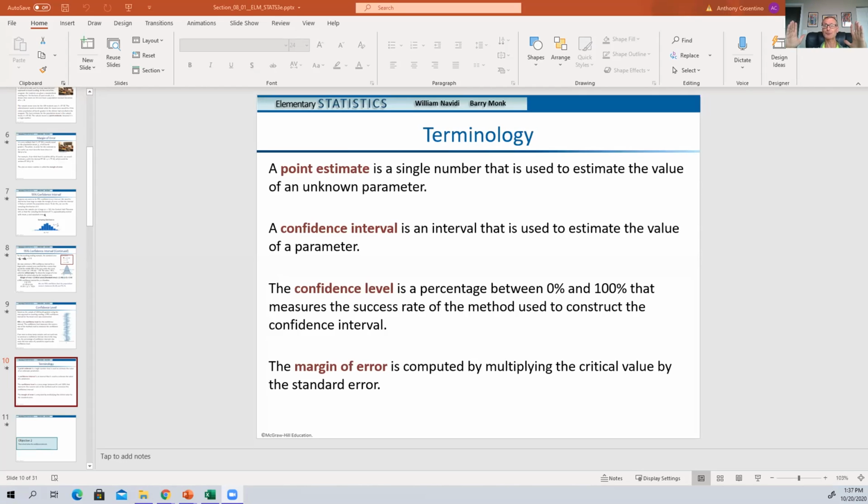And so the two extremes would be, if you have a 90% confidence, you go 45 above the mean and 45 below the mean, and so on and so forth. The confidence level is going to be between 0 and 100%, and that will measure the success rate.